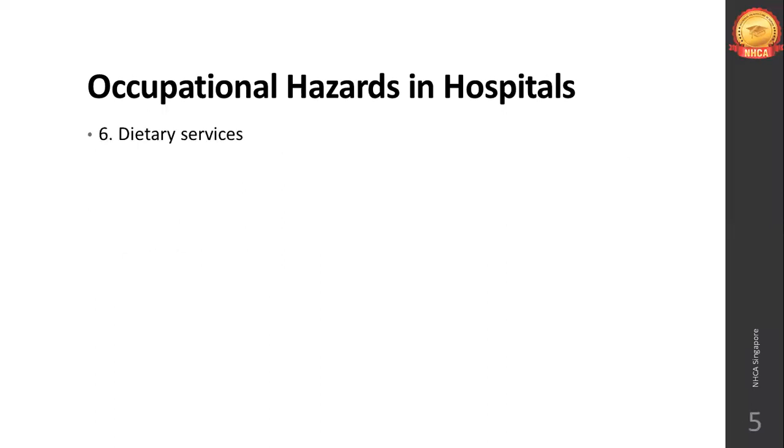Dietary services in the kitchen department: cuts and lacerations, hands getting caught by mistake in the mixer or grinder, which leads to lacerations and even amputations. If you cut a finger or a body part by mistake, or a knife falls on somebody, sharp injury is very common in the dietary department.